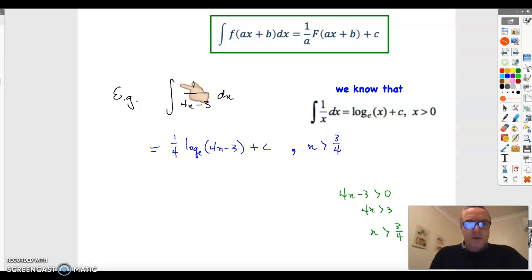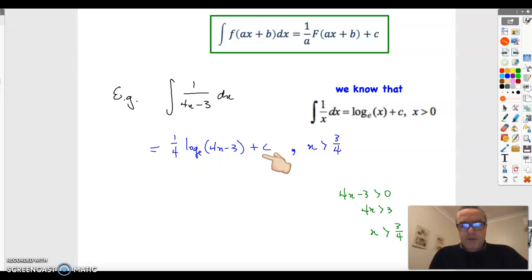So if I've got 1 over ax plus b, then the integral of that will be the log of ax plus b, but we include this coefficient of 1 over a. So if the integral of 1 over x is the log of x, then the integral of 1 over 4x minus 3 is the log of 4x minus 3, and we include 1/4 as the coefficient of that integral.